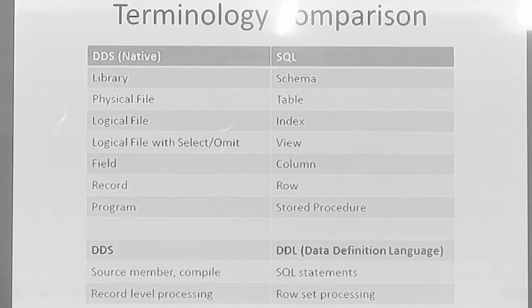You can see how they relate to native 400 or RPG terminologies. Instead of file, record, field, it's table, row, column.